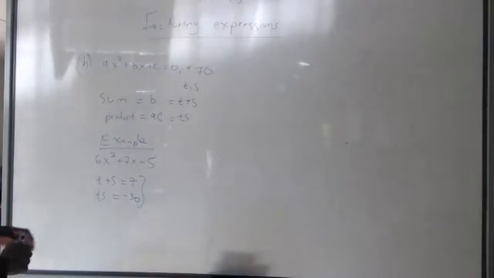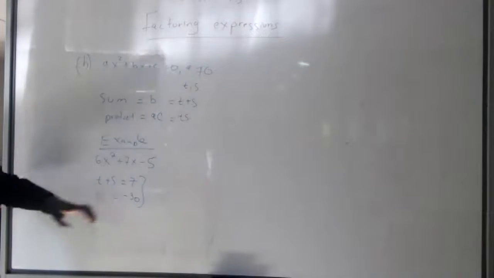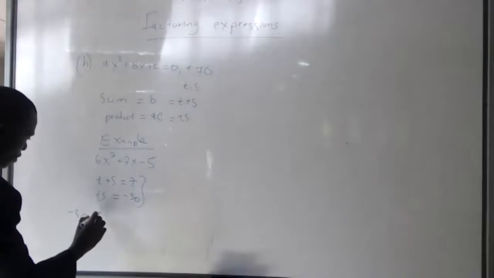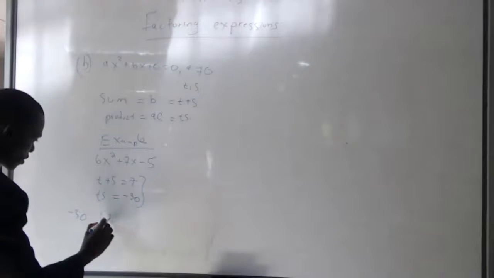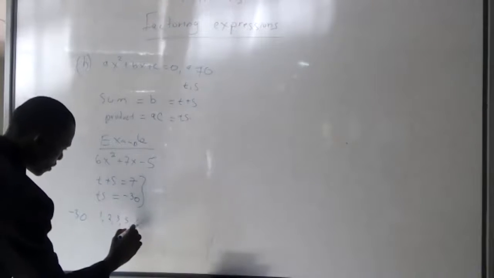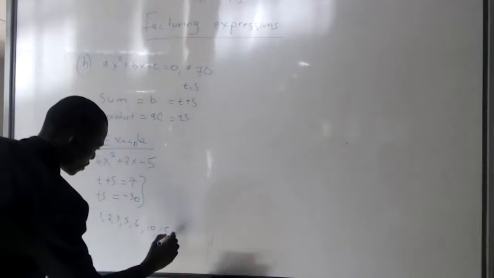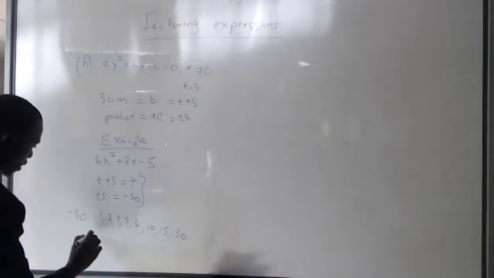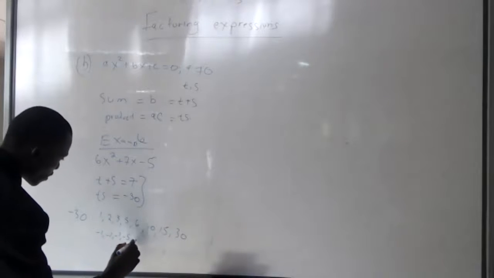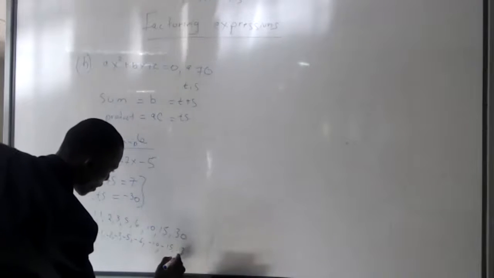Okay, understood. So we are looking for factors of -30. Factors of -30: 1, 2, 3, 5, 6, 10, 15, 30, and then -1, -2, -3, -5, -6, -10, -15, -30.